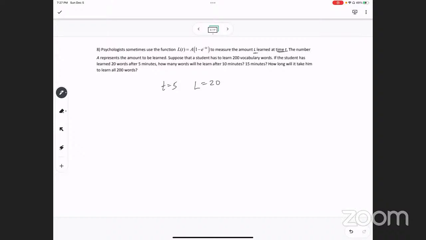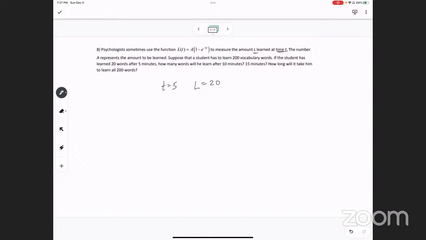Yes, that is. Seems like they haven't given us enough information here because we don't know K, they didn't give us K. Is there anything else in this problem, like above the problem, that we're missing? I don't think there's anything that we're missing. We have too many variables in here.